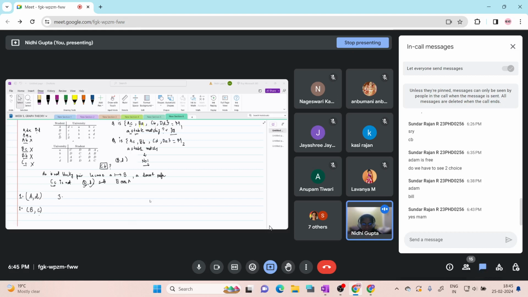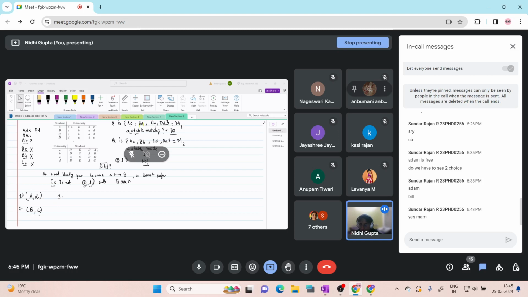Now the next free student is capital C. So C wants to get admitted to university C. But C has already been assigned to B. So in this situation of conflict, what we do is we look at the preferences of the university.